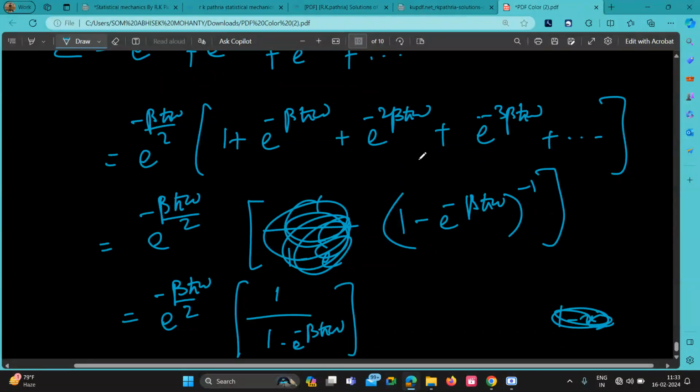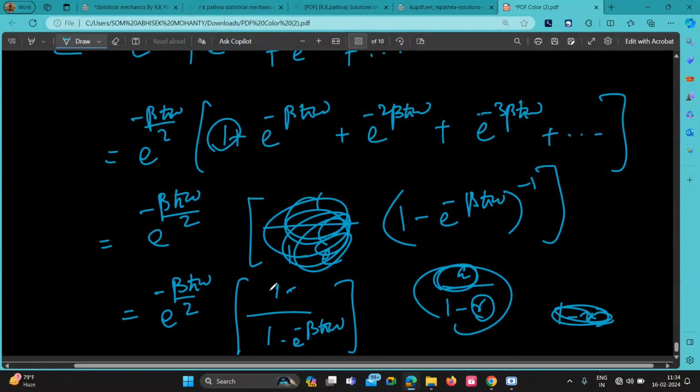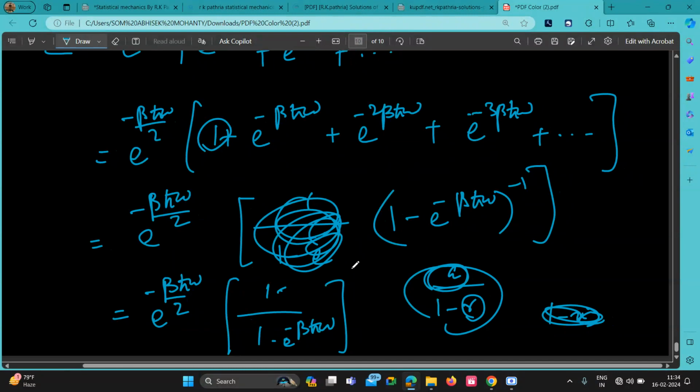Otherwise, you can say this is a GP, geometric progression, where e to the power minus βħω is the r. The GP sum is a by 1 minus r, where a is the initial value, that is 1. R is the ratio by which the terms are continuously multiplied, so it will go on and on like this. So this is the partition function for it.